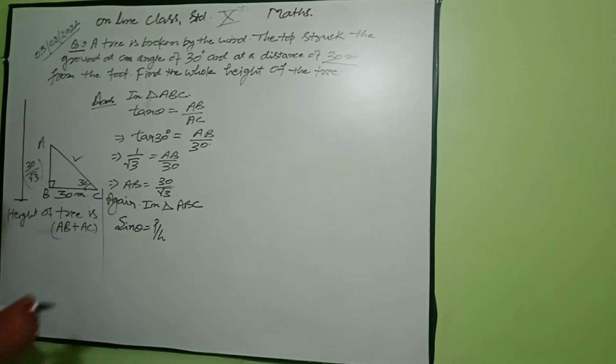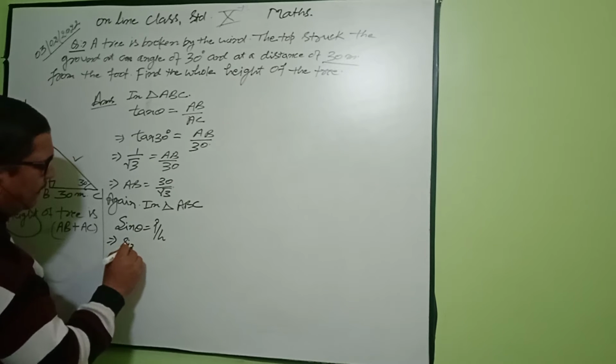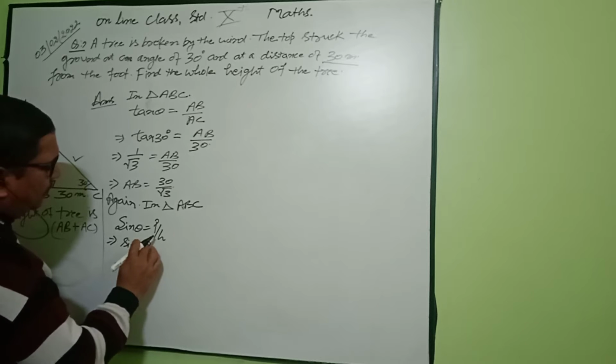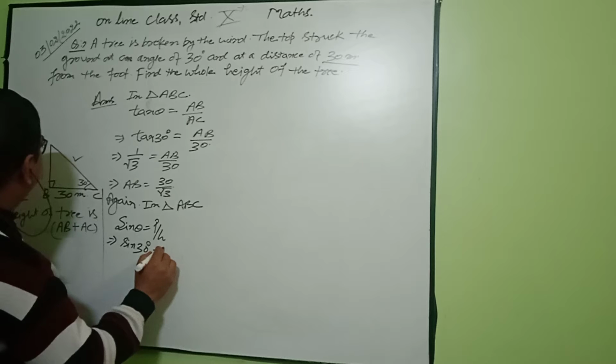Now sine theta is P by H. Sine 30 degree equal to P, that is AB, by AC.